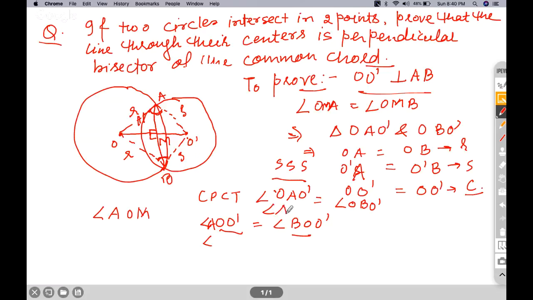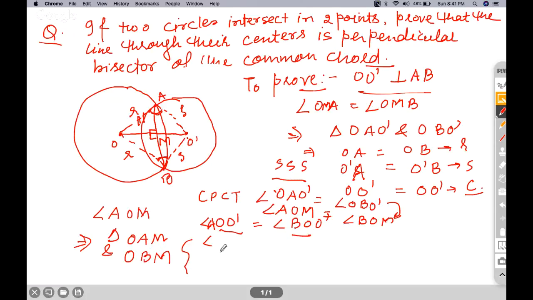So I can write here angle AOM is equal to angle BOM. This is nothing but this only, just instead of O dash, M falls on OO dash. So now let me take triangle OAM and triangle OBM.